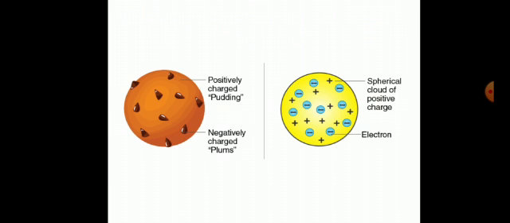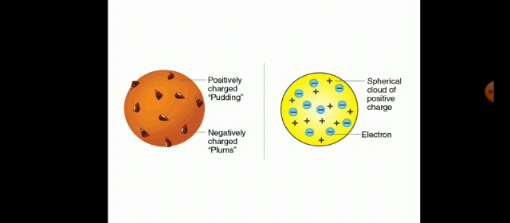Here is the diagram which shows that there is a positively charged pudding and plums or raisins dropped into it, which symbolize negative charge.